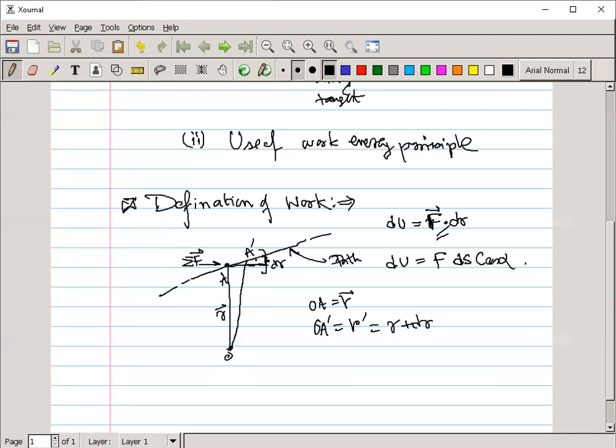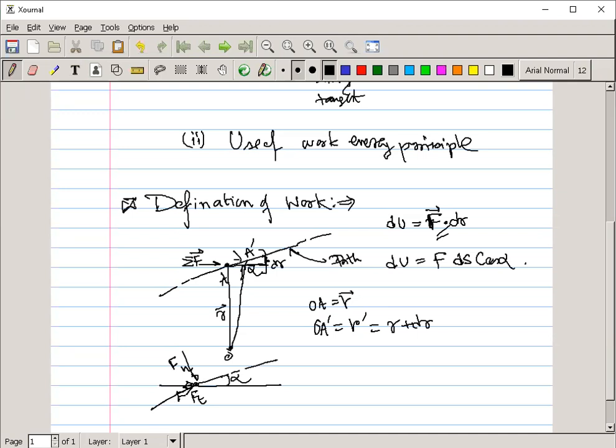Why have I written it like that? If we enlarge this portion, suppose the summation of all forces acts along F, and this is the path on which the particle moves, with an angle alpha.